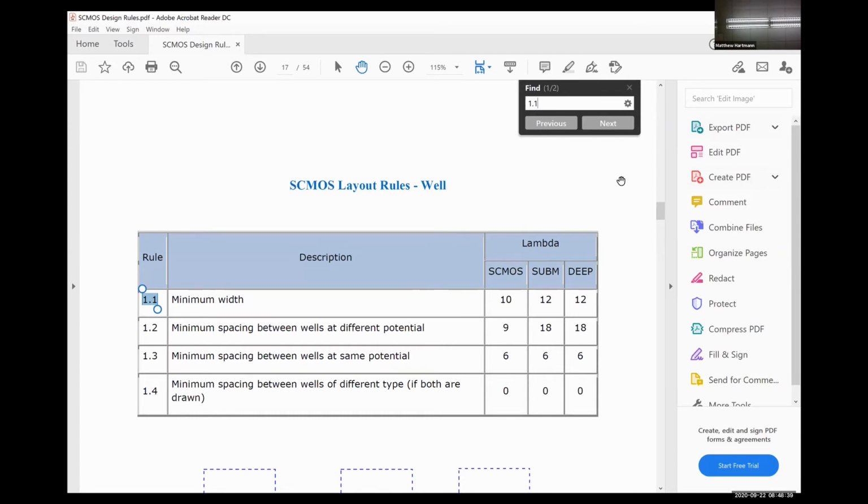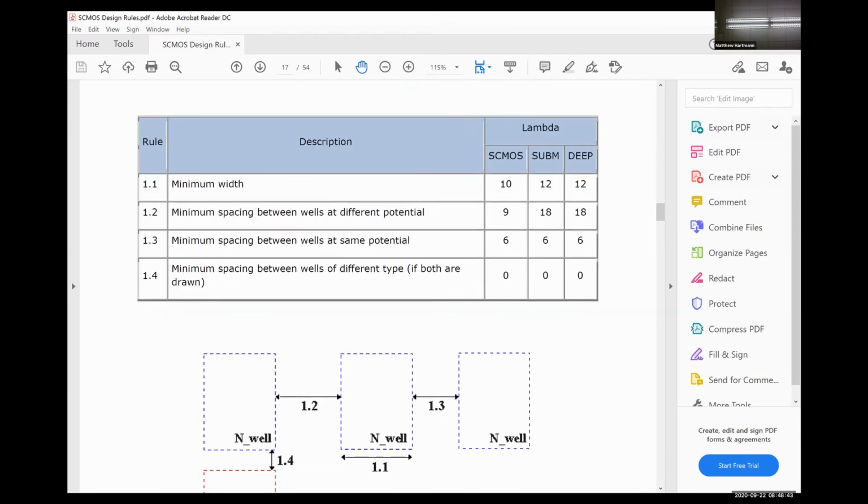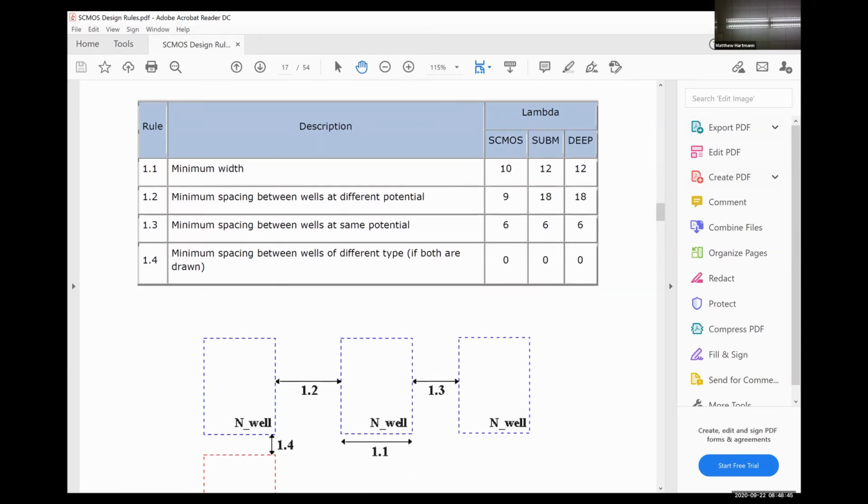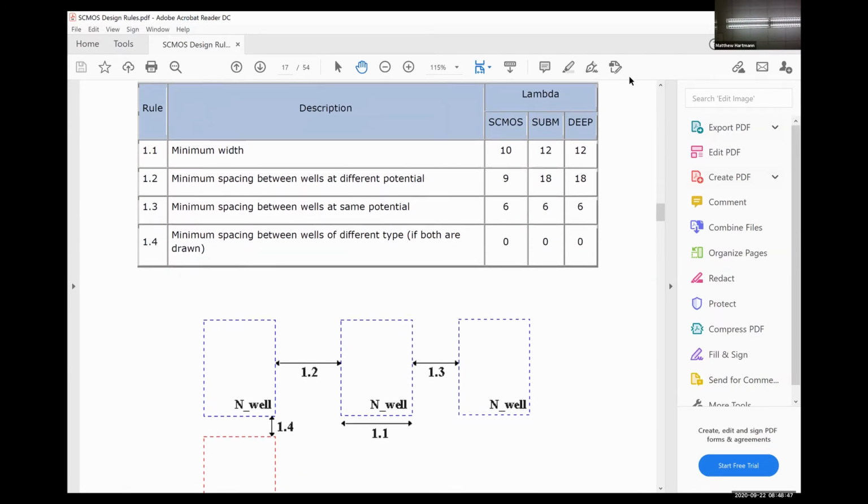And the reason why I say this is the good stuff is because it also includes pictures that are helpful with applying the rules. So the minimum width is 12. The minimum spacing between wells at different potentials is 18 lambda. And so it's this 1.2 right here where the little hand thing is telling you this is what rule 1.2 applied looks like.